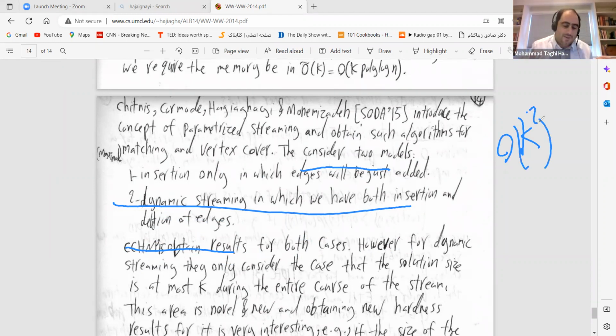So for vertex cover, interestingly, you can get a parameterized streaming algorithm. So there is this relation between parameterization and streaming algorithms.